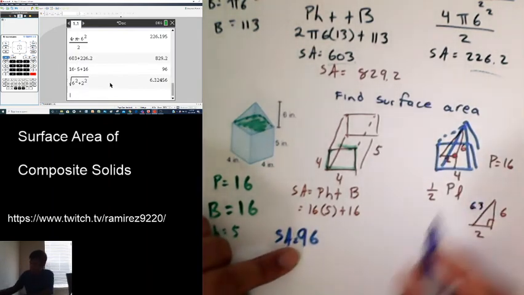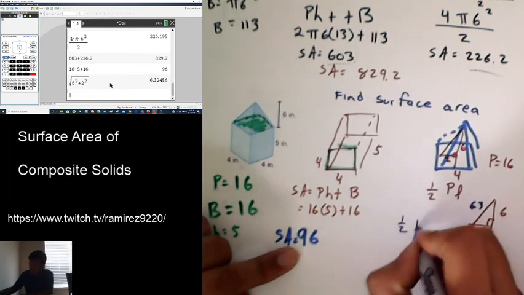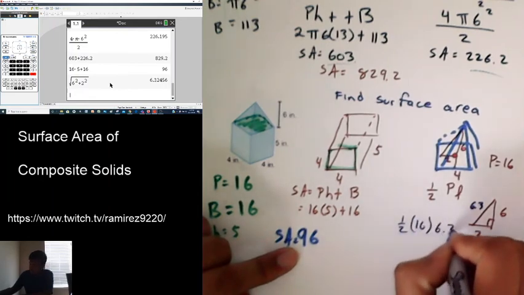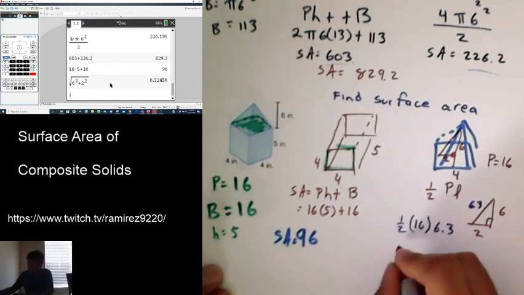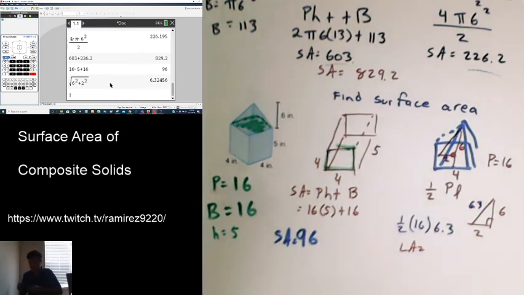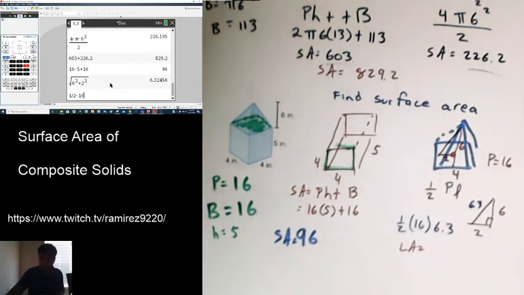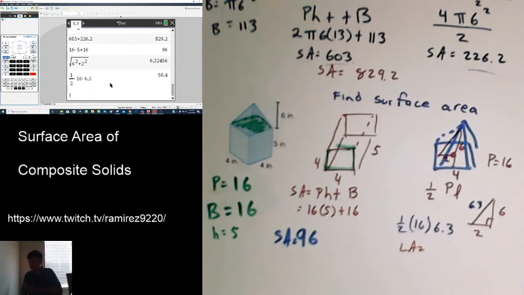And now I could just plug it in. So it's going to be 1/2 times 16 times 6.3. And I'm going to get a surface area, or in this case lateral area, because that's all that's being exposed, of 50.4.